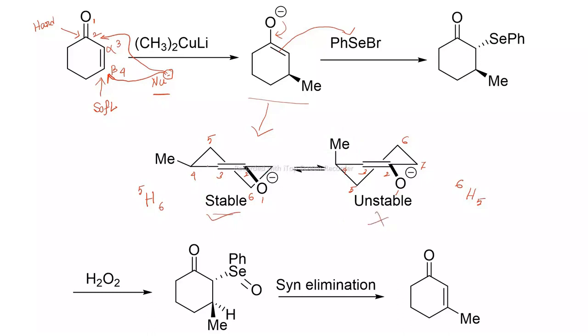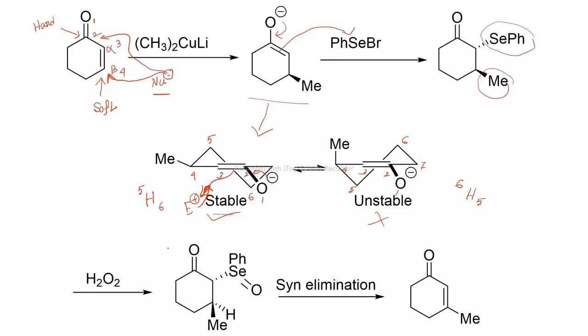As the methyl group is upside, the selenium will attack from the below face of the compound. So our electrophile will come from the below face. That's why the methyl group is on one side and phenyl selenium is on the other side.